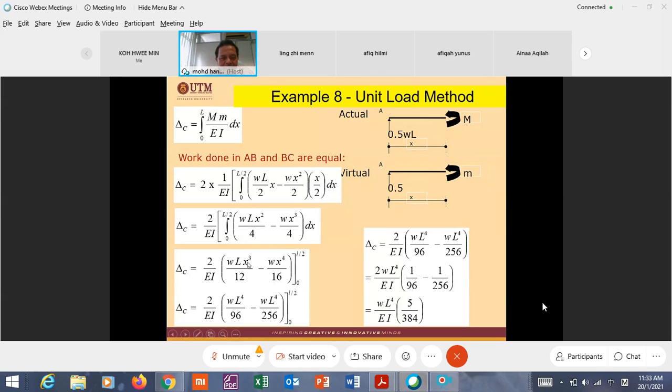You get 96, 256, and then 96, 256, and at the end this is the answer, 5 over 384. Proven. What is 5 over 384? We have proven that it is the same answer as the one we got from the double integration method and the Macaulay method.